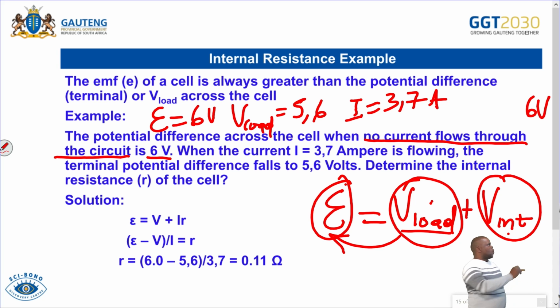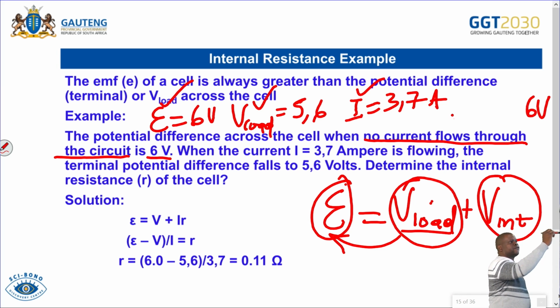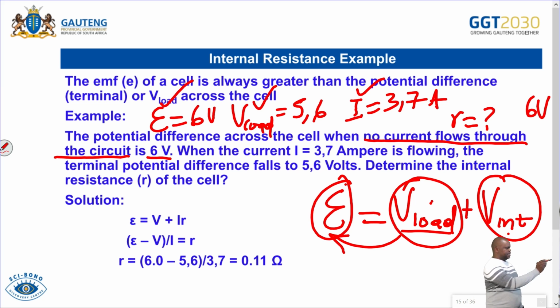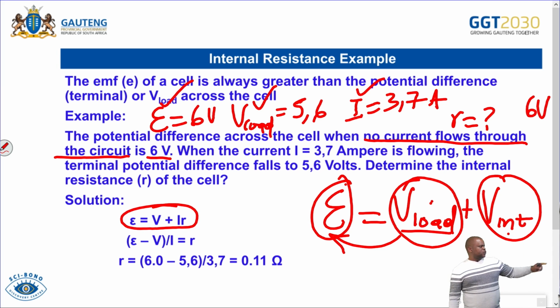Because we have the EMF, we have V load, and we have the current, what are we looking for? We are looking for small letter r, the internal resistance. The formula we chose is this one here. How do we get to this formula?